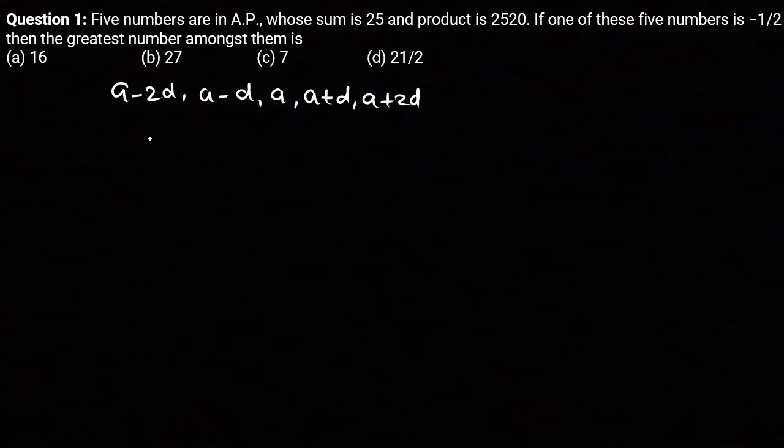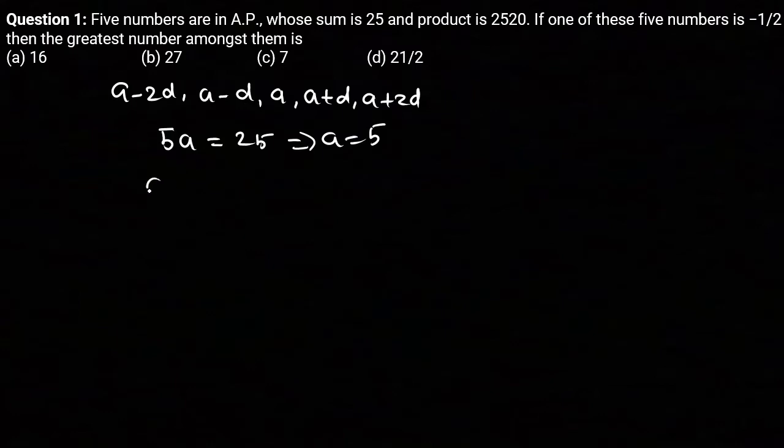Their sum is 25. So 5a will be 25 because each d term will cancel out. Then we can say that a is equal to 5. Okay, and the product is 2520.